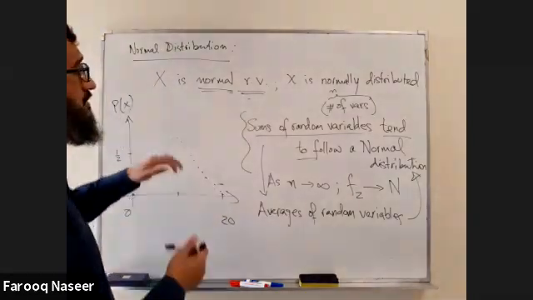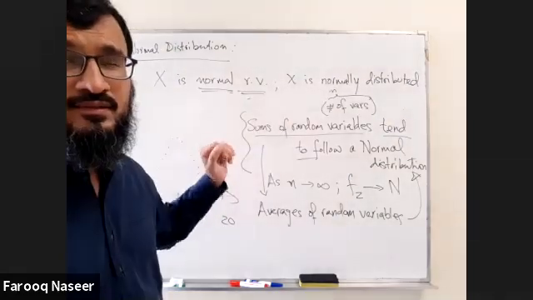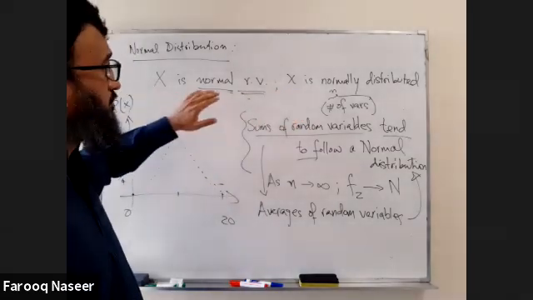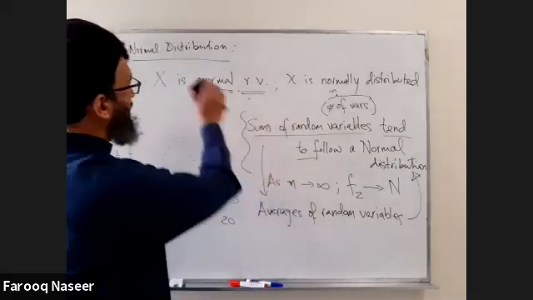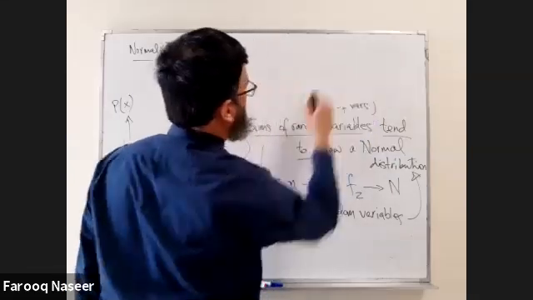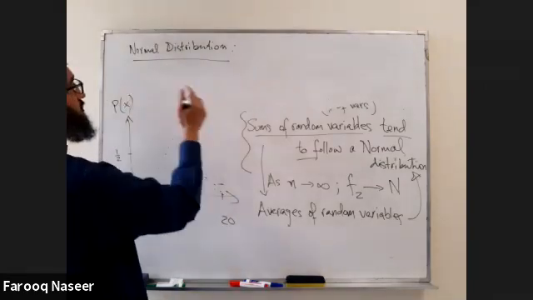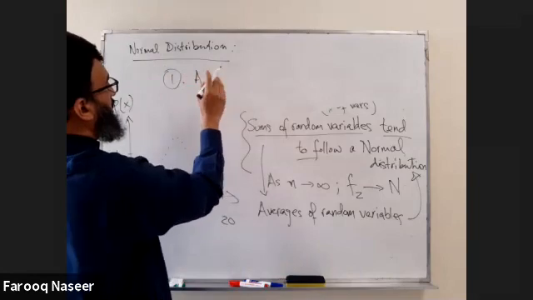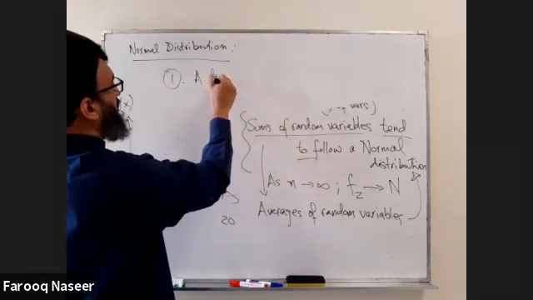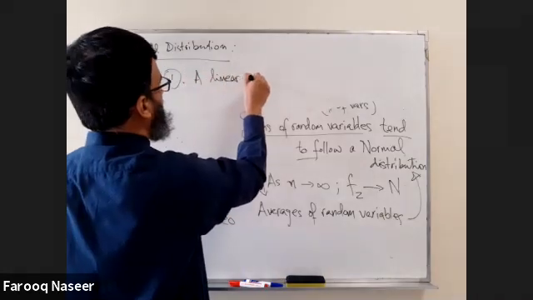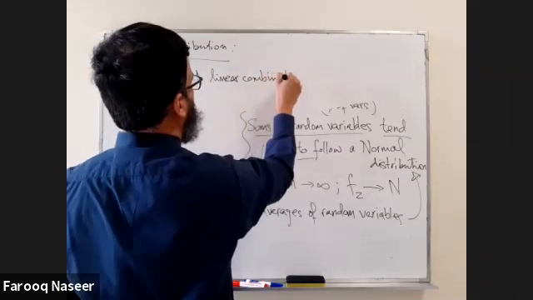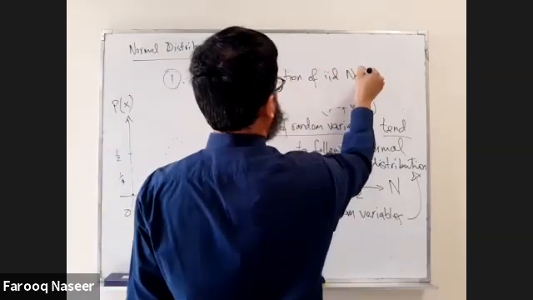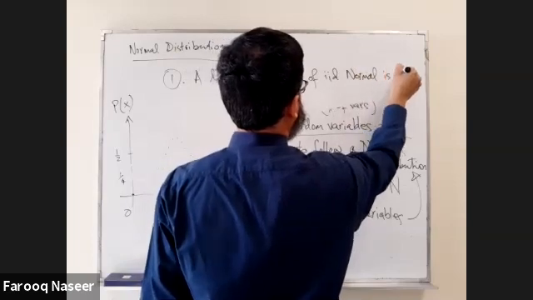So that's why it is called normal. दूसरी property ये है कि a linear combination, sorry वो पहली वाली तो मैंने लिखी नहीं, a linear combination of normal, independent normal random variables is itself normal.